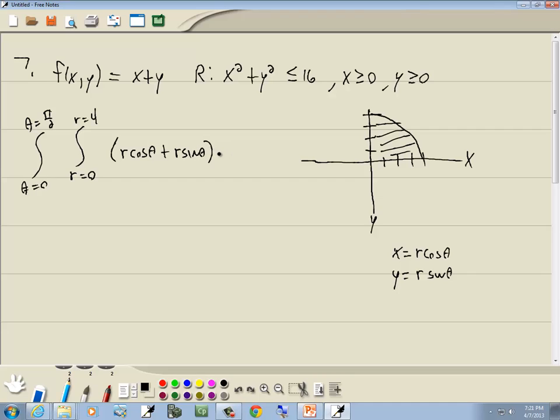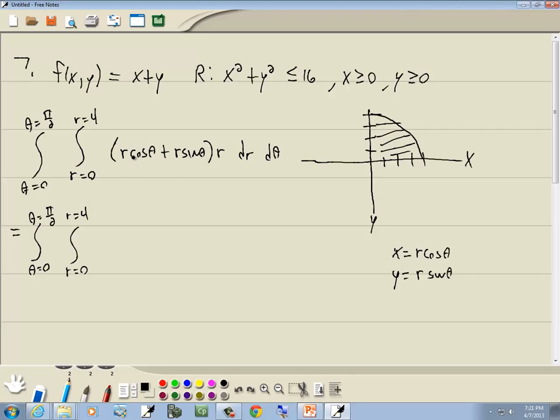And when we're converting to polar, we have to add that extra r in there, dr d theta. And that's going to be the integral we're going to work with. So we got theta is equal to 0, theta is equal to pi over 2, r is equal to 0, r is equal to 4.